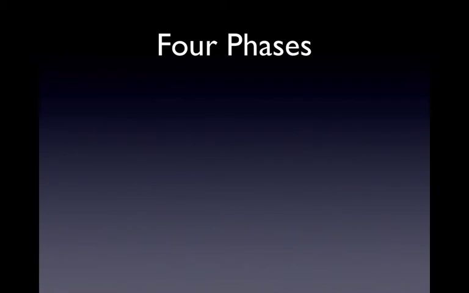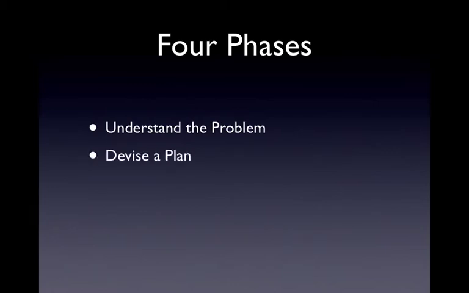The four phases that George Pólya talks about in his book are: understand the problem first, devise a plan, carry out the plan, and look back. These things actually go on in your mind without even thinking.